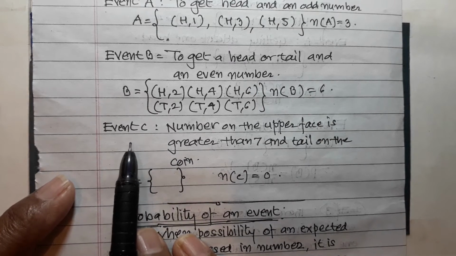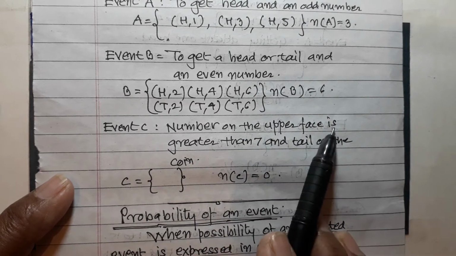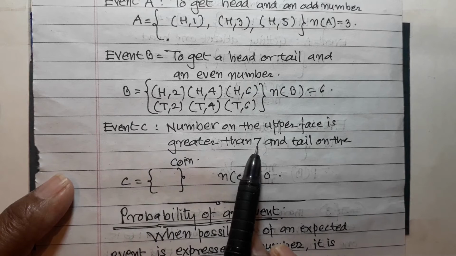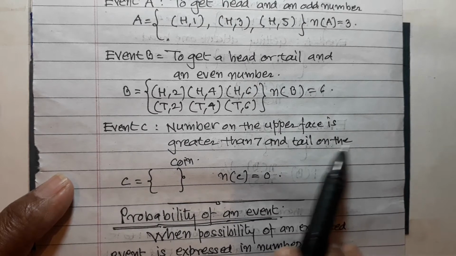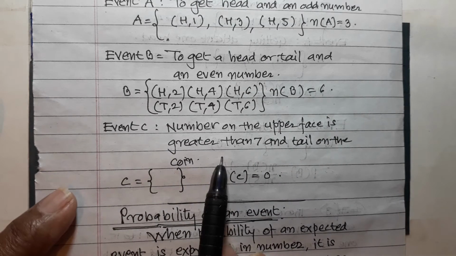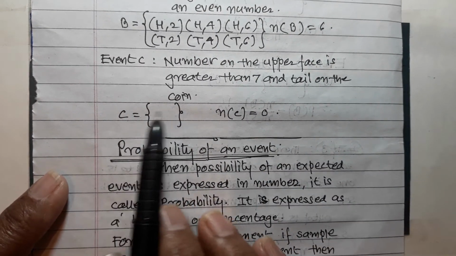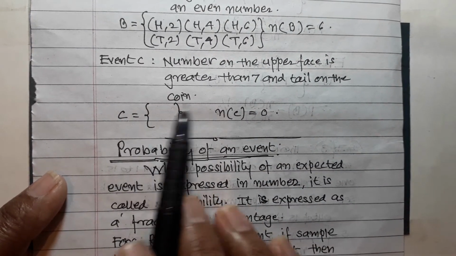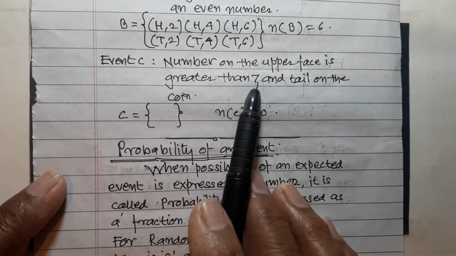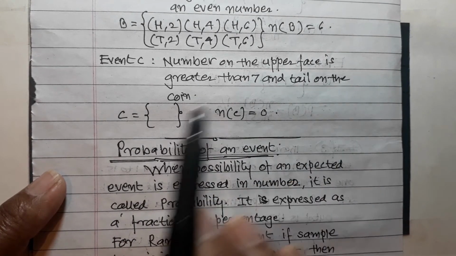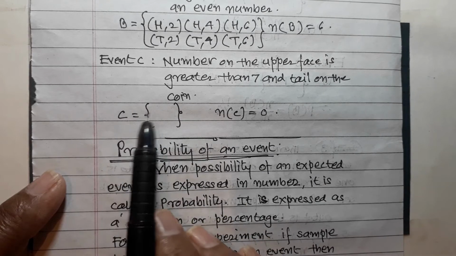Event C: number on the upper face is greater than 7 and tail on the coin. In this case tail is possible, but a number greater than 7 is not possible, and therefore this is the empty set.